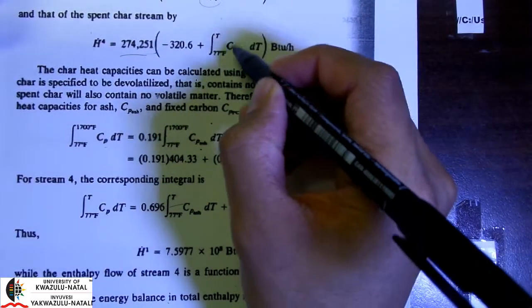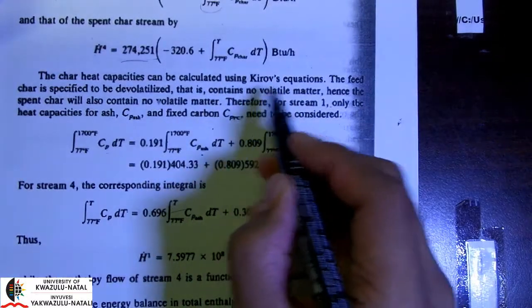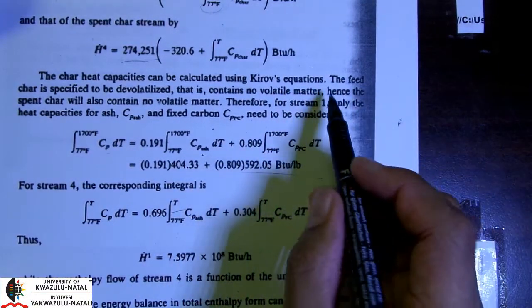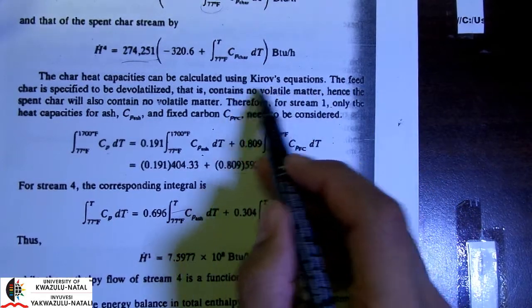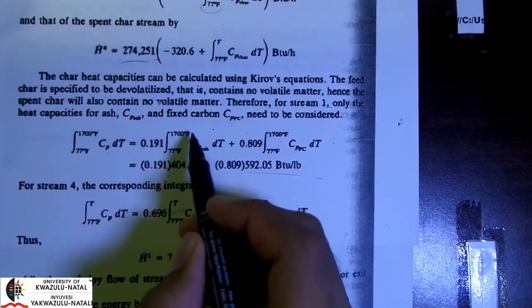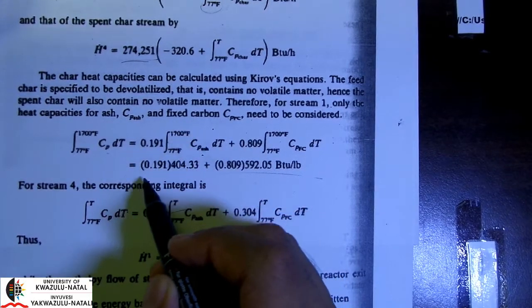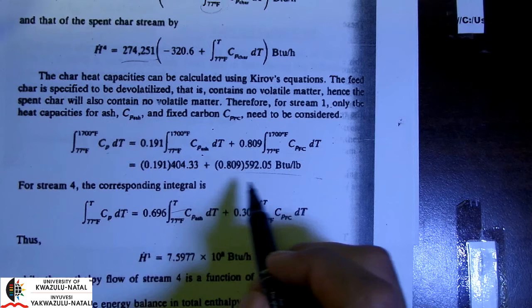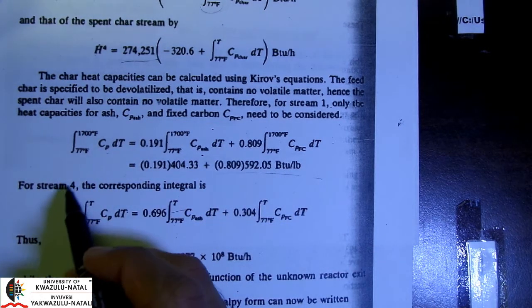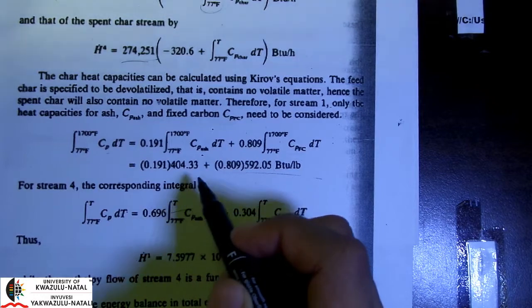Now we can obtain our heat capacities using Kirov's equations, which we've looked at previously at the beginning of this lecture. So that's quite simple to evaluate. Since we know our temperatures for our feed, we can immediately calculate our enthalpy H1. However, we can't calculate our enthalpy H4 because we don't know the temperature.